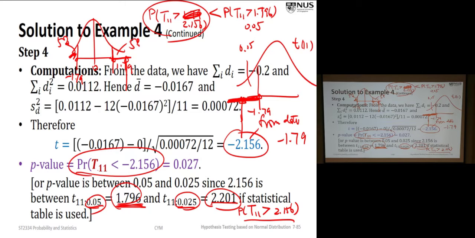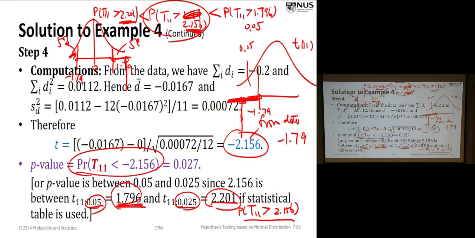And also compare this with the probability of T11 greater than 2.021. This probability should be less than that probability because this number is bigger than that number, so the chance of being greater than it must be smaller.